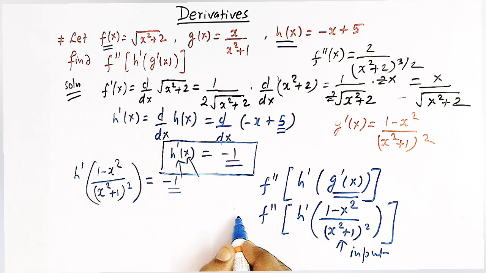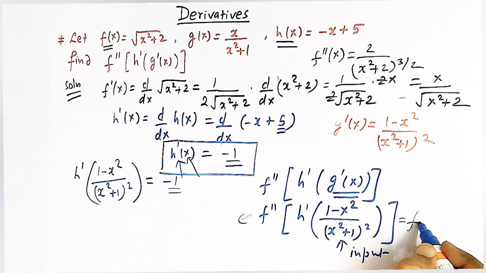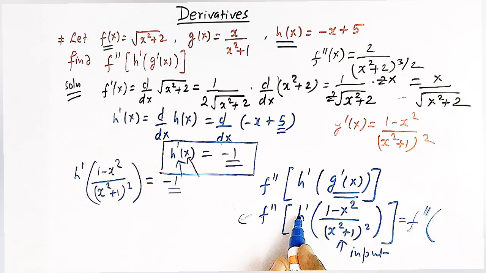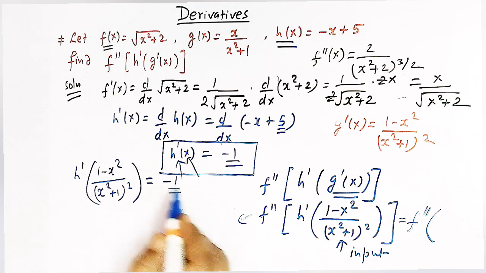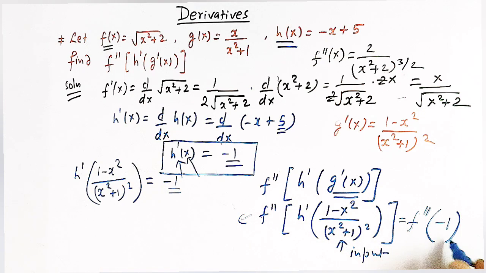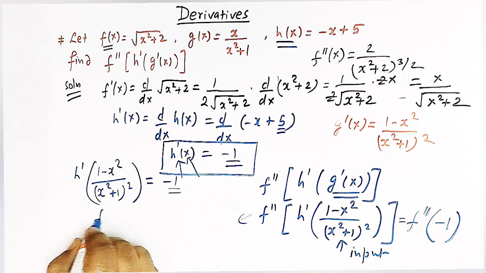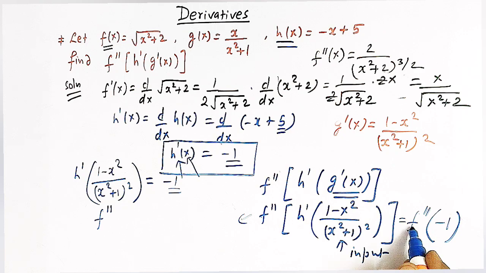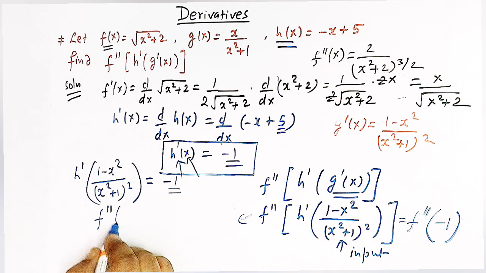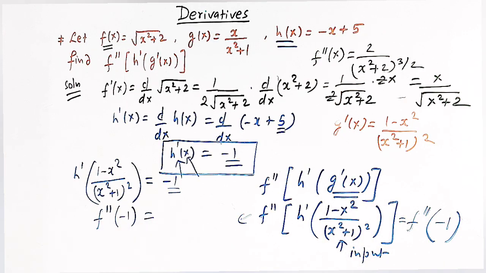So now this expression is equal to f double prime of h prime of this function, which is minus 1. So here we have minus 1, right? So now we have to find the value of f double prime of minus 1.